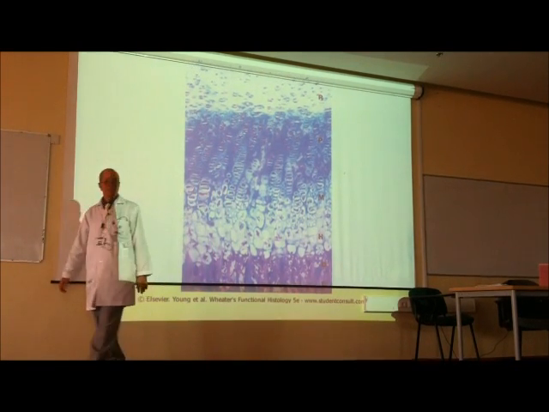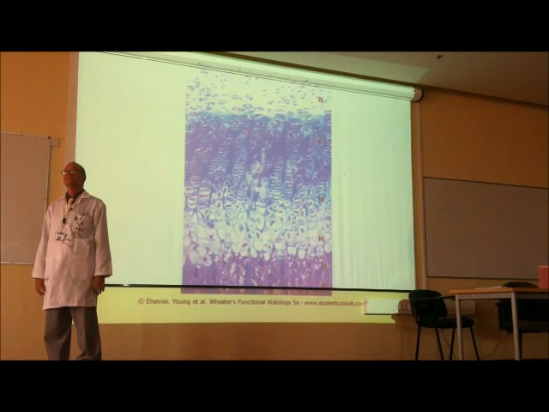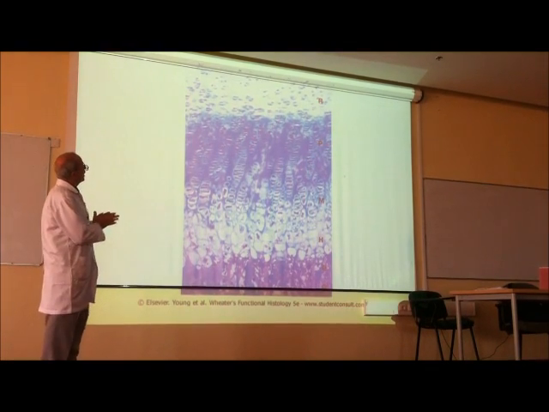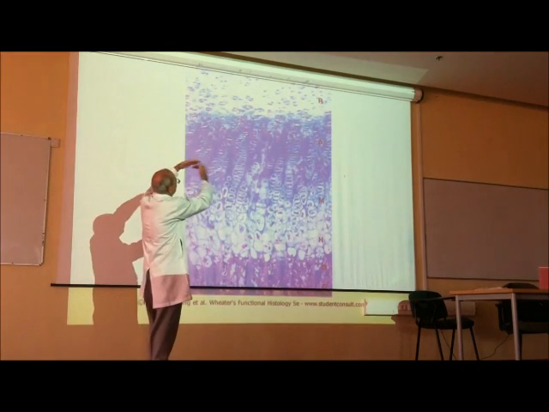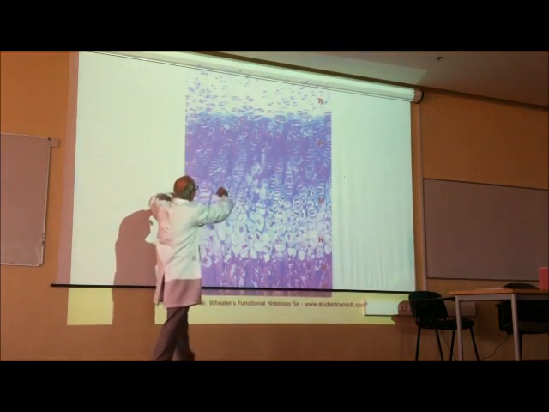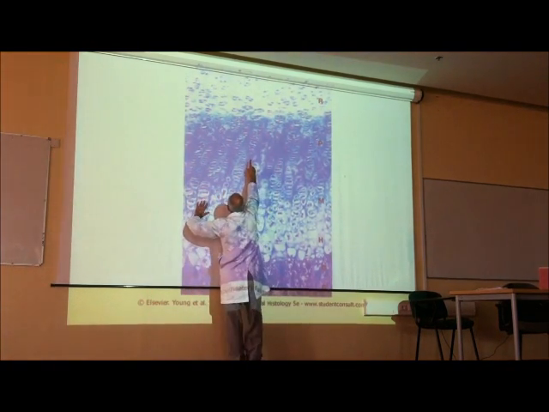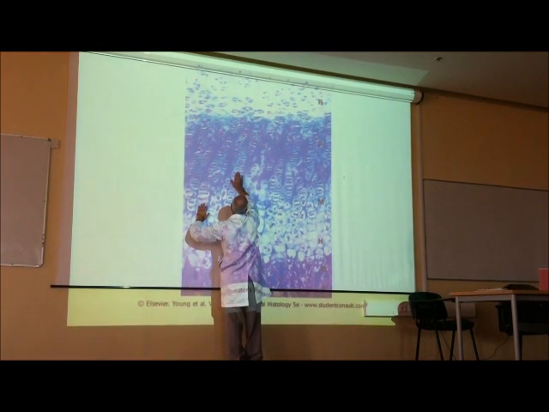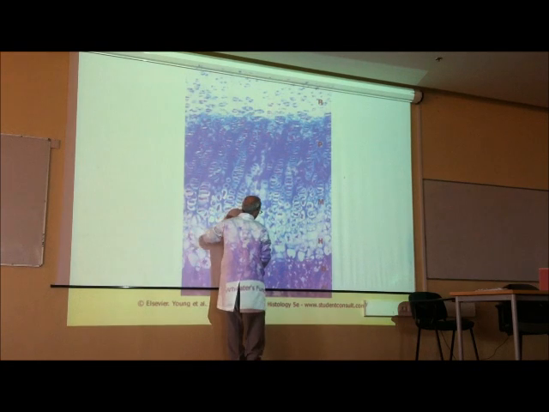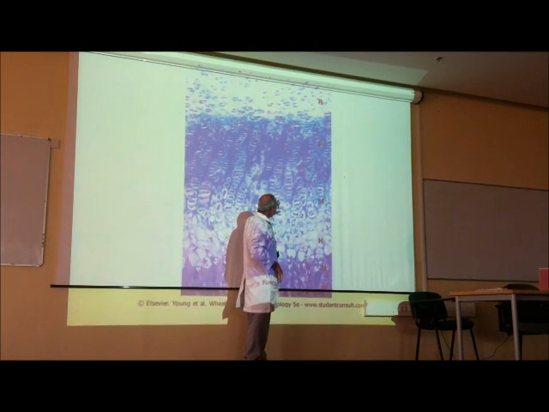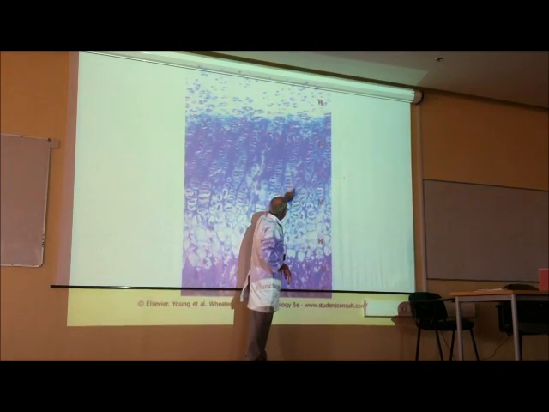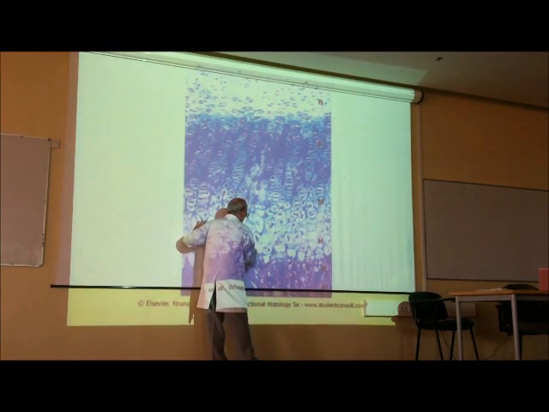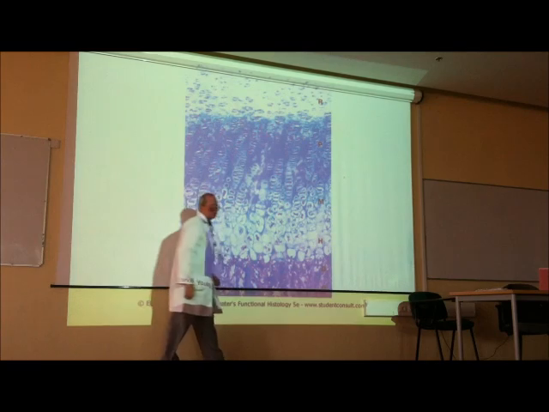What is the proliferation? In the zone of proliferation, do you see the red plates parallel to each other? Yes. This is the zone of proliferation. Actually, it continues down to here. Here, hypertrophy. Then down here, calcification, and then ossification.